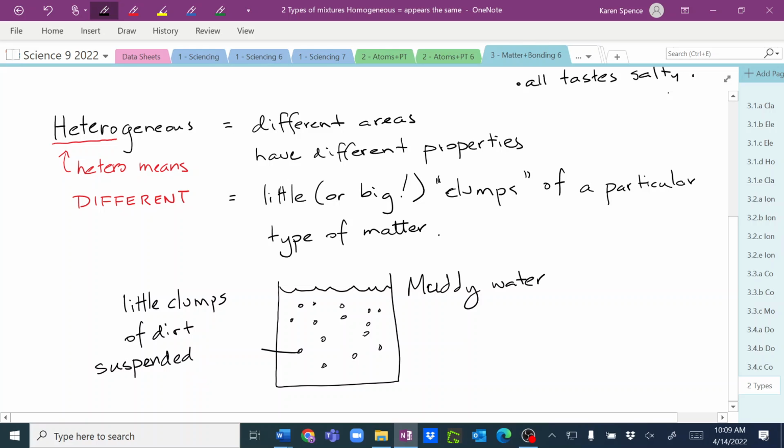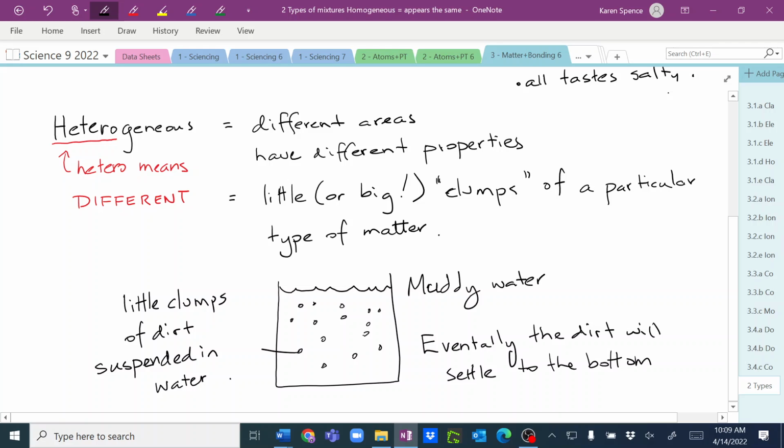Eventually, the dirt will settle to the bottom. So you have two different areas.